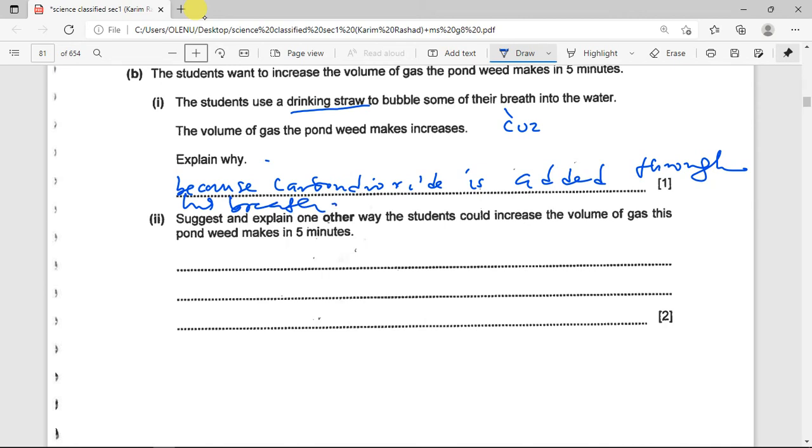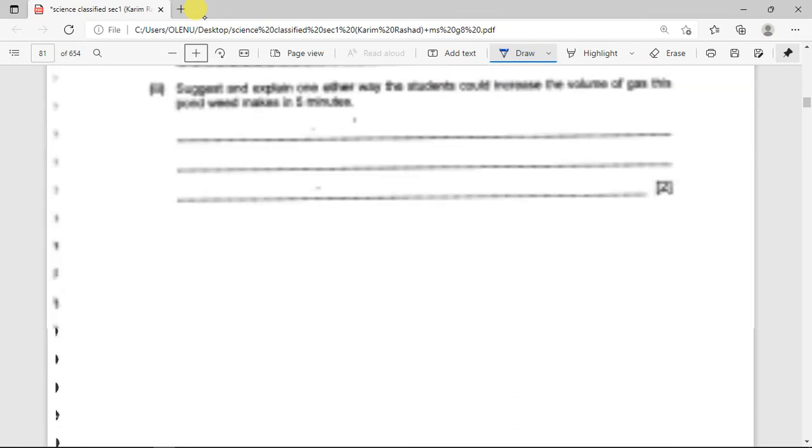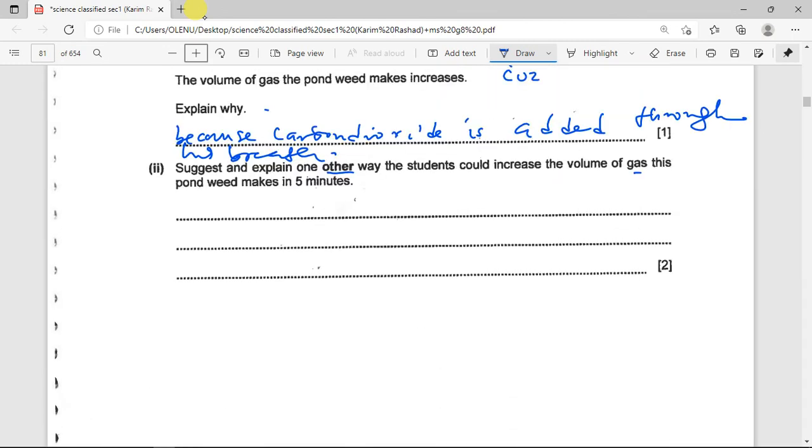Now suggest and explain one other way the student could increase the volume of gas produced. This pondweed makes in 5 minutes.